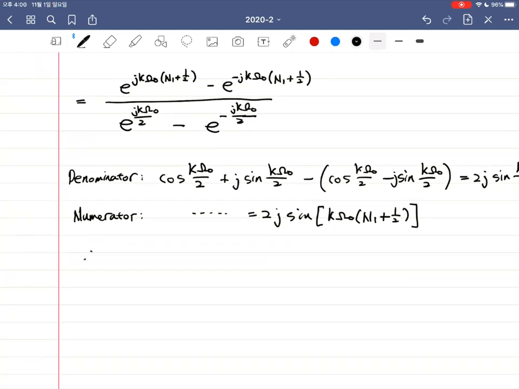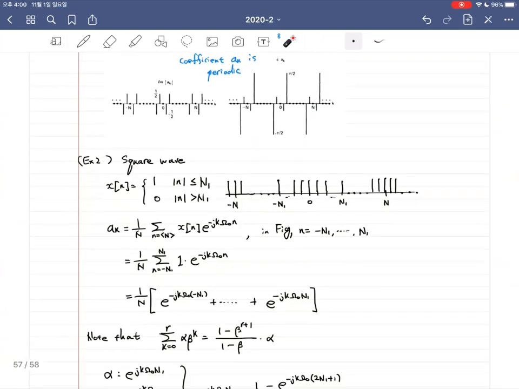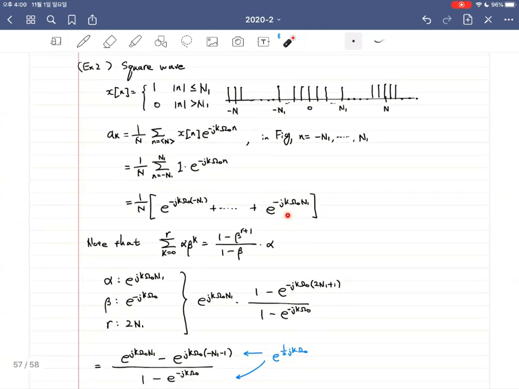Therefore, if we rewrite this equation with this numerator and denominator, please note that we just dealt with this parenthesis. So I can say that AK times large N equals the thing that we just discovered.